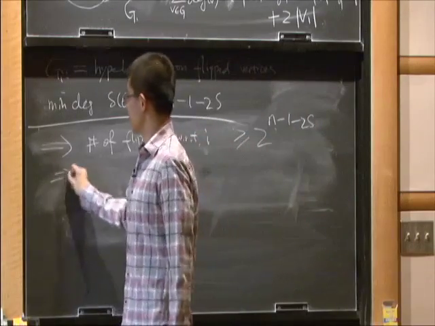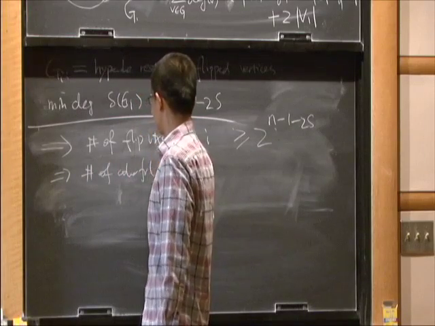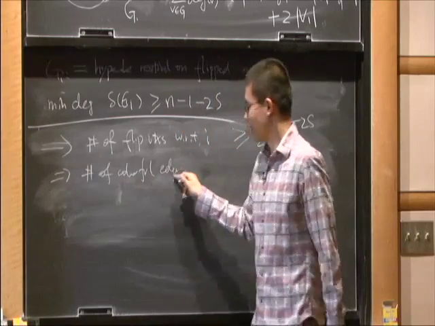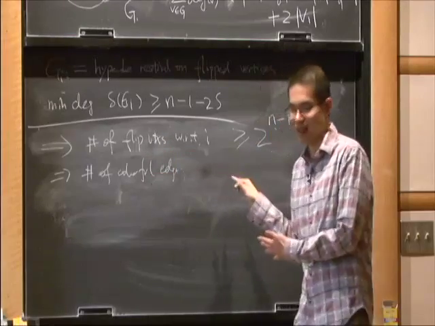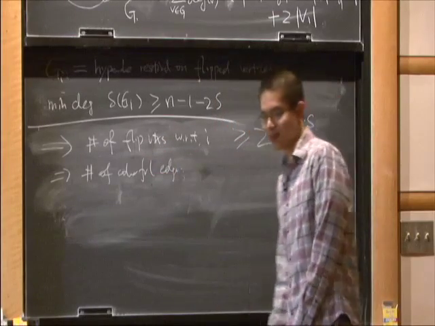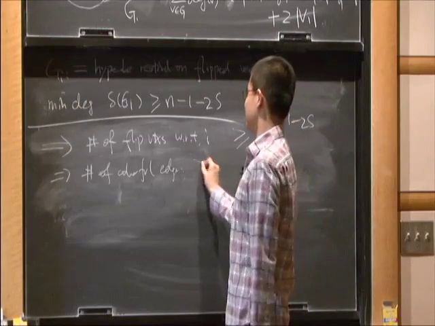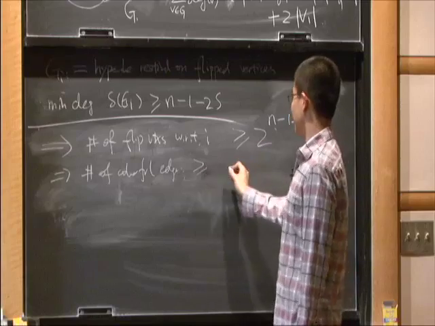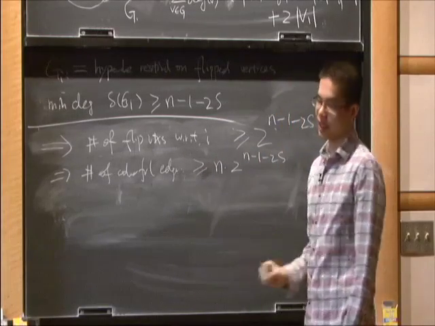So this gives that the total number of colorful edges, because as Avi mentioned before, for every edge, if it's colorful with respect to i, then it cannot be colorful with respect to j. Right? Every edge uniquely determines its direction. So this is greater than or equal to the number of directions, which is n times 2 to the power of n minus 1 minus 2s.